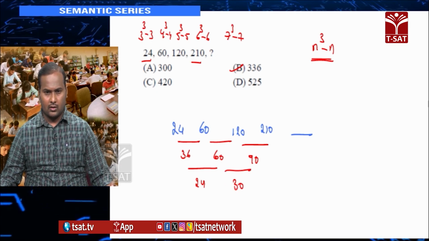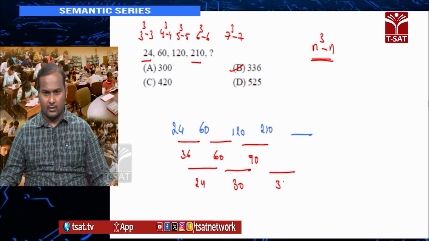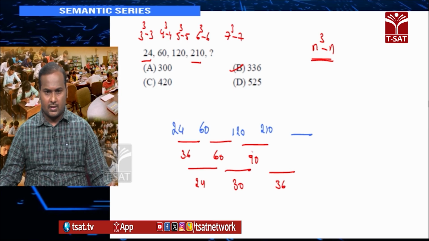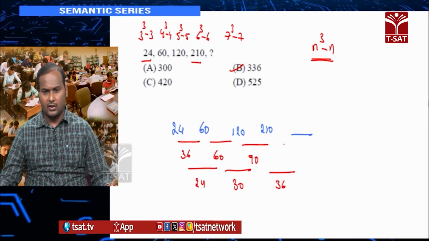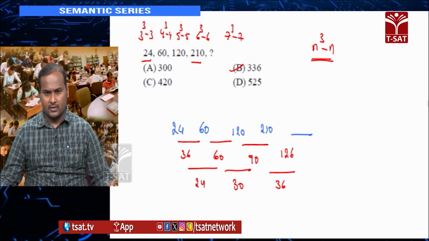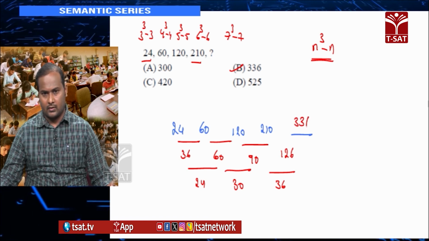So here 24 and 30. So what will be the next difference? Obviously it will be something like 36. So 36 plus 90, that is 126. So add again 126. So 126 plus 210, your answer will be 336.